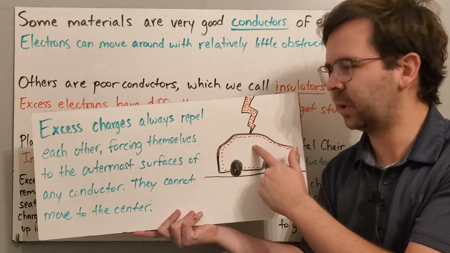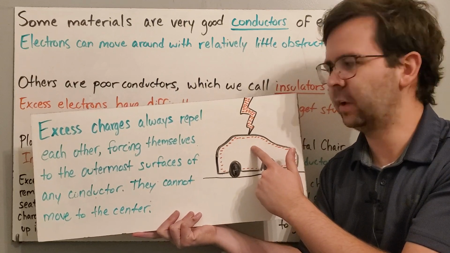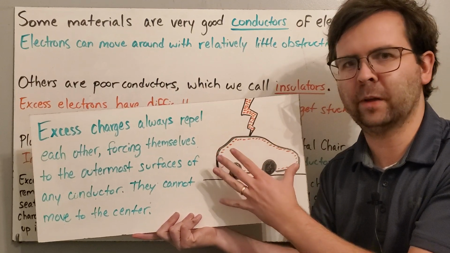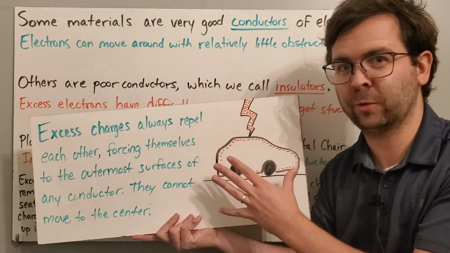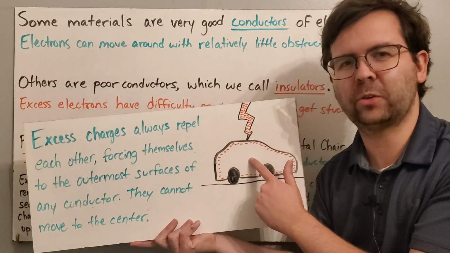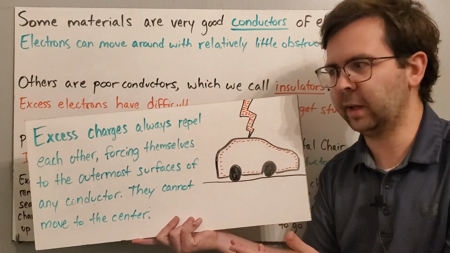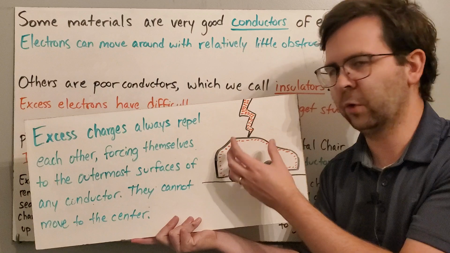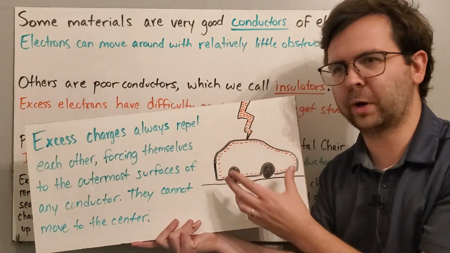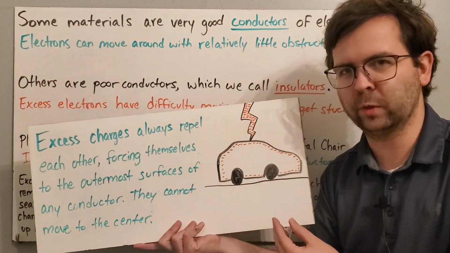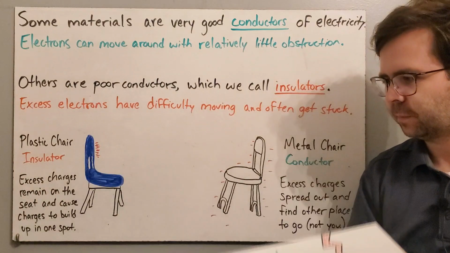Well, these electrons, because they're all negatively charged, repel each other, and so they spread out on the car's outer surface. And they don't go into the center of the car, which is where the people are. So you're safe from lightning in a car because all of those electric charges spread around you rather than going through the center of the car.